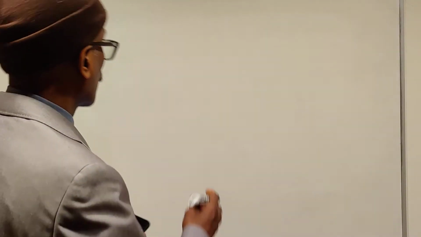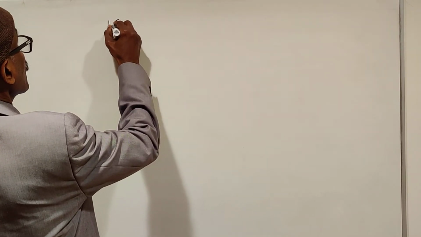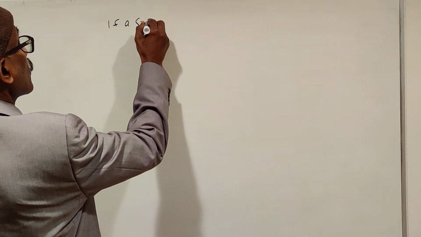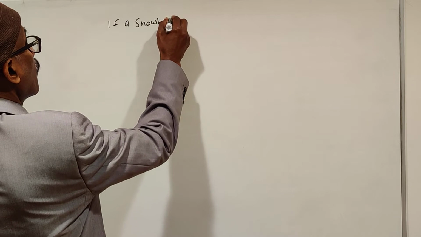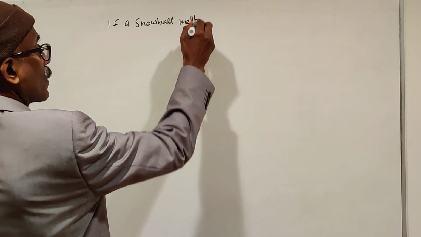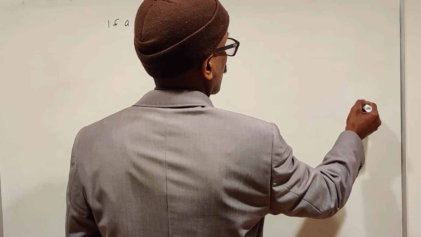Let us do the application problems of differentiation. If a snowball melts, the snowball is in the shape of a sphere.